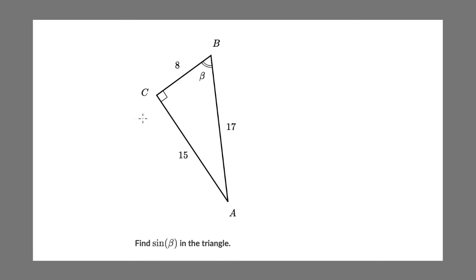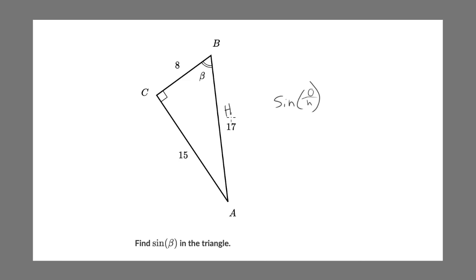Okay, this is our last problem. It's asking us to find sine. We already know that sine is O over H because Sohcahtoa. So let's label our stuff. This is the hypotenuse.